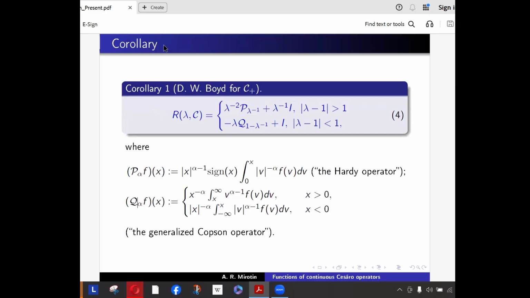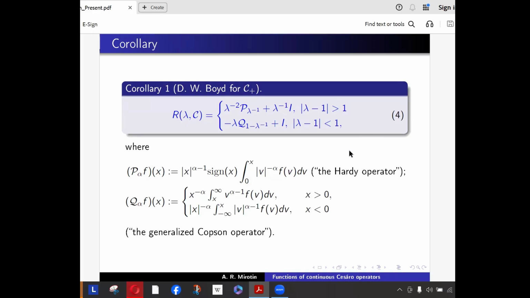The first corollary is the so-called formula of Boyd. Boyd proved this formula for the resolvent of the operator C plus. Here we get the corollary for the whole real line. Our C acts in the Lebesgue space L2 over the whole real line.